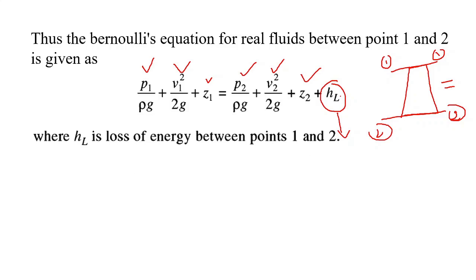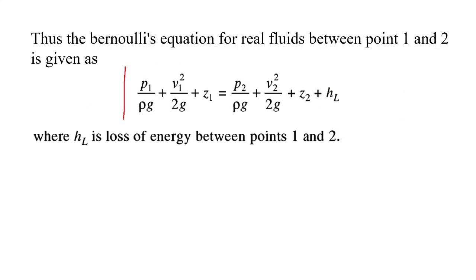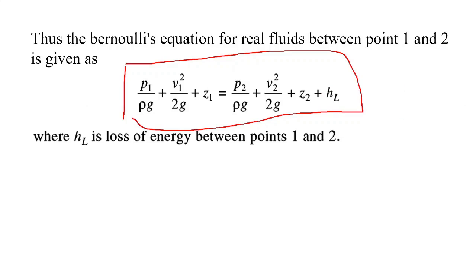This HL is called the loss of energy between point 1 and 2. Hence this is called the modified Bernoulli's equation: P1 by rho g plus V1 square by 2g plus Z1 is equal to P2 by rho g plus V2 square by 2g plus Z2 plus HL.